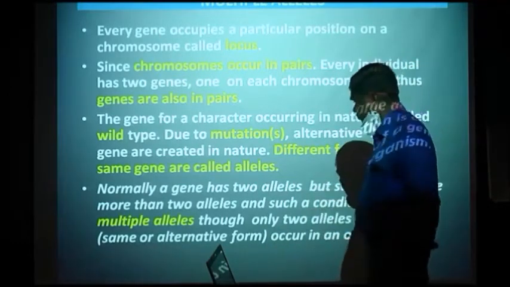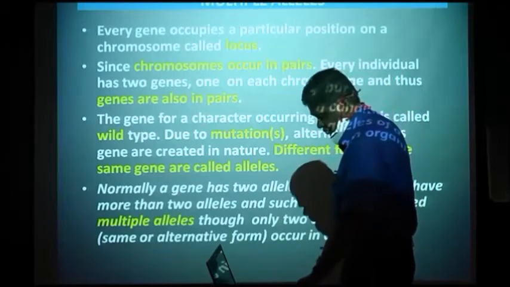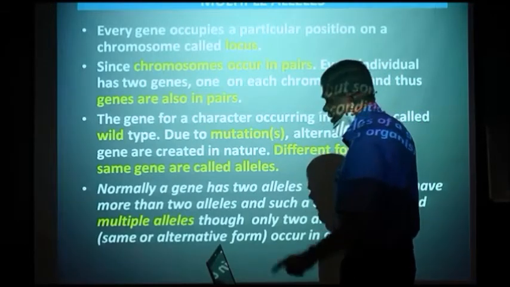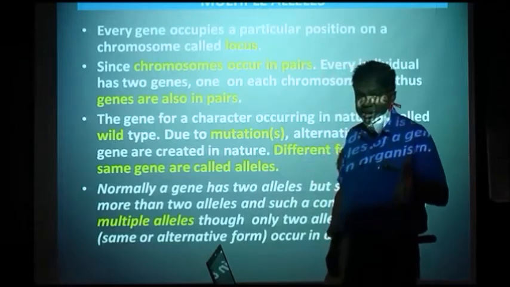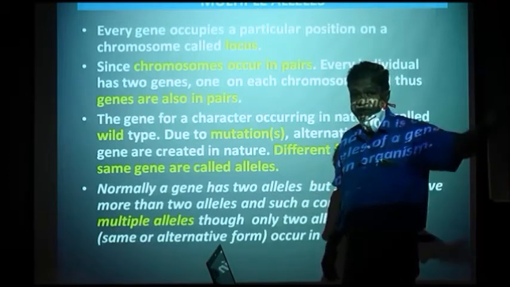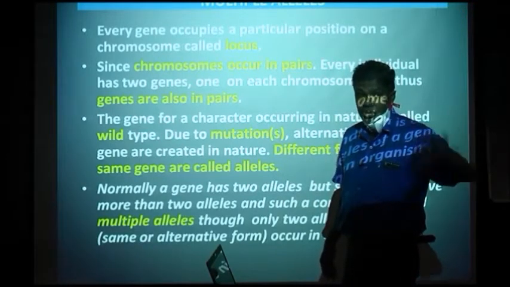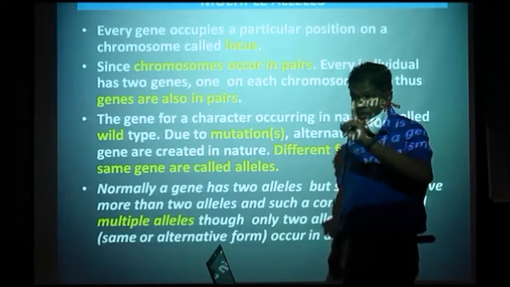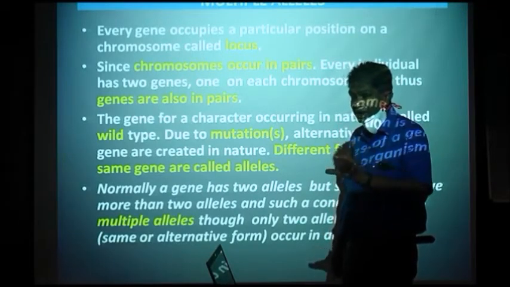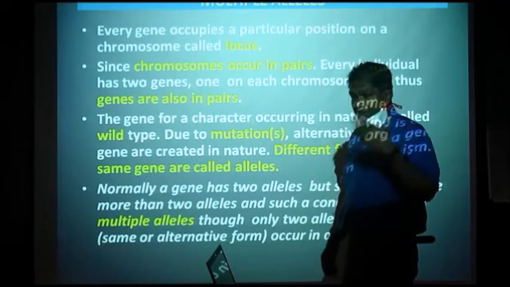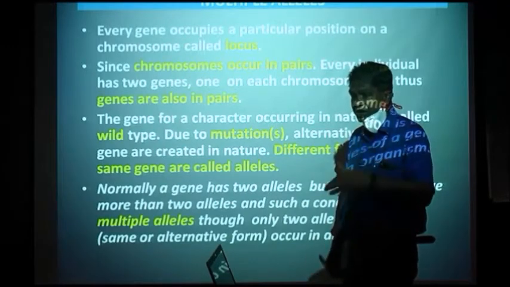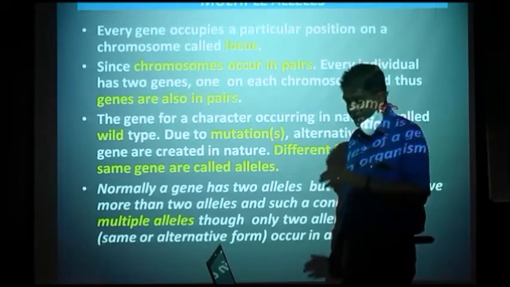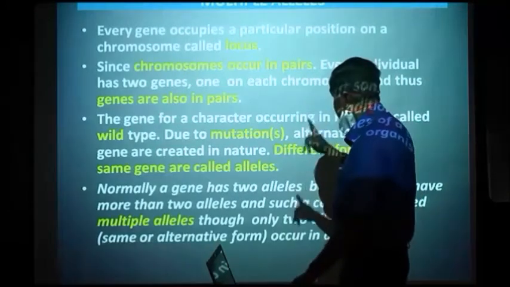Now here, different alleles are formed from a wild type. I told you already that wild is that which is in nature. Normally the wild changes into one allele, that is usually the recessive allele, but sometimes by mutation we get more alleles for a particular gene.